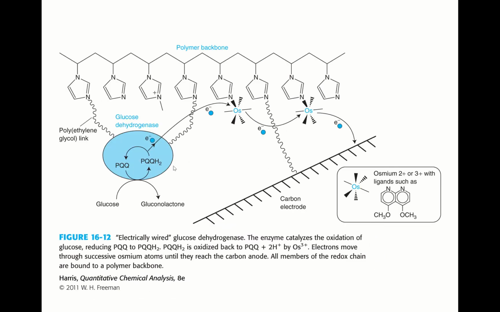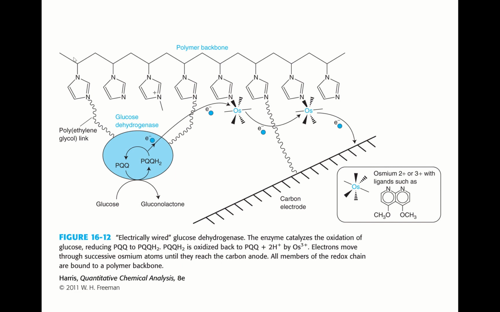Okay, here this is a PQQ molecule, and this is PQQ now accepting electrons to become PQQH2. This is hydroquinone. And then this quinone is oxidized by what? I'm sorry. This is glucose dehydrogenase, and then with this reduction the electrons now go to this osmium complex.